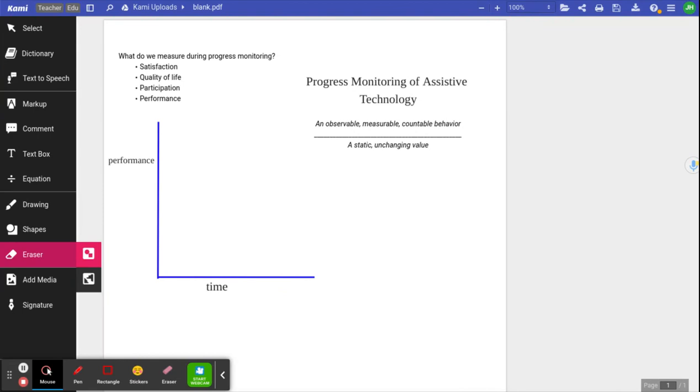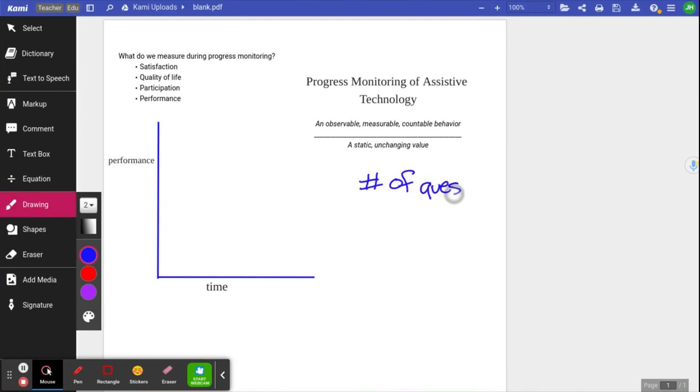Okay, so we're going to take 5 data points of using that text-to-speech over a static, unchanging value of those 5 questions. Okay, so if we are going to measure the assistive tech, your variable could look like number of questions correct over that unchanging value of 5 questions.